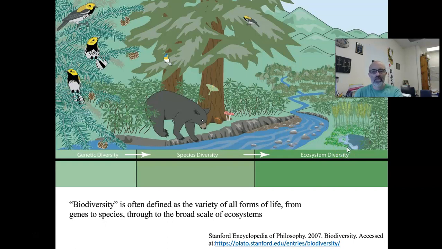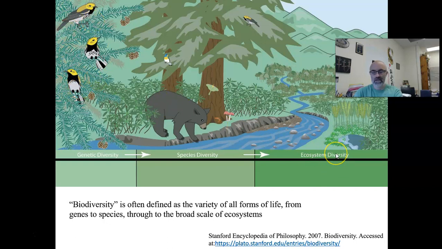So, broadly defined, we can think of biodiversity as the variety of all forms of life, from genes on the left to species up through to the scale of ecosystems. Okay, but again, we need some reference point, and that reference point is species, because when we talk about genetic diversity, we're talking about diversity of alleles within a given species.